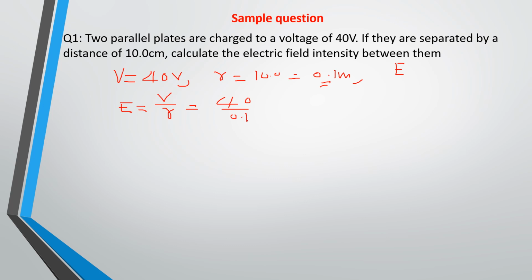So E will be equal to 400 volts per meter. I think that is quite simple, right? These topics may look somewhat intimidating, but they are not difficult to solve problems on. So that is for this particular question. I hope this one is understood. This is a JAM question.